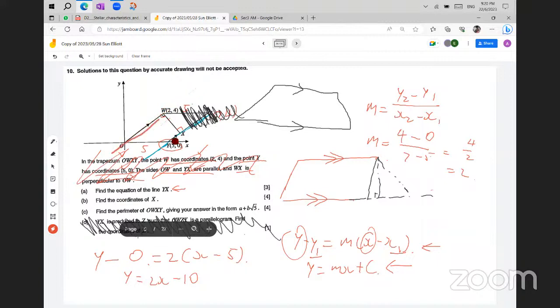Ring a bell? What perpendicular line? It's something new just now, right? Do you remember? If I have this gradient, I can find the perpendicular gradient. Do you still remember how to do it? This gradient is 2. So this gradient must be what?